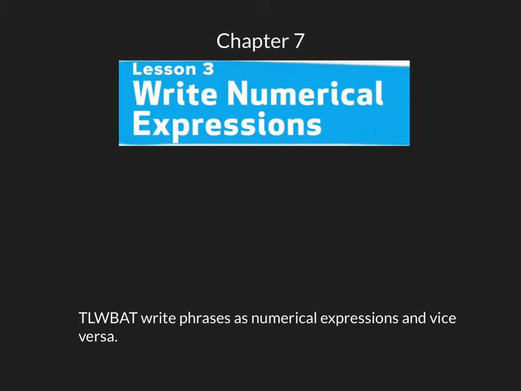Now, when kids see the words numerical expressions, they think that's some foreign language. But let's break it down. Numerical means numbers. That is all it means. An expression is just no equal sign.